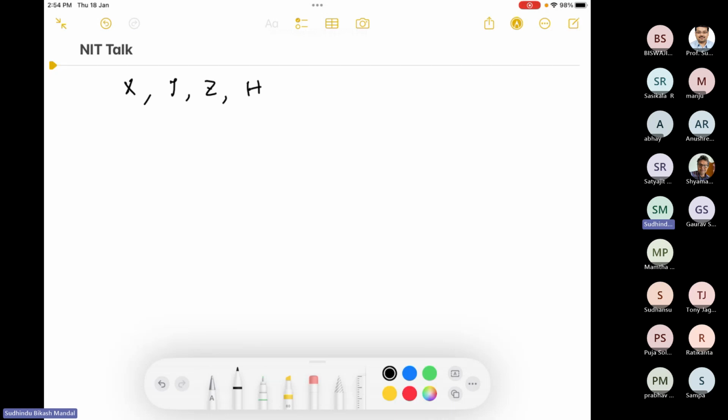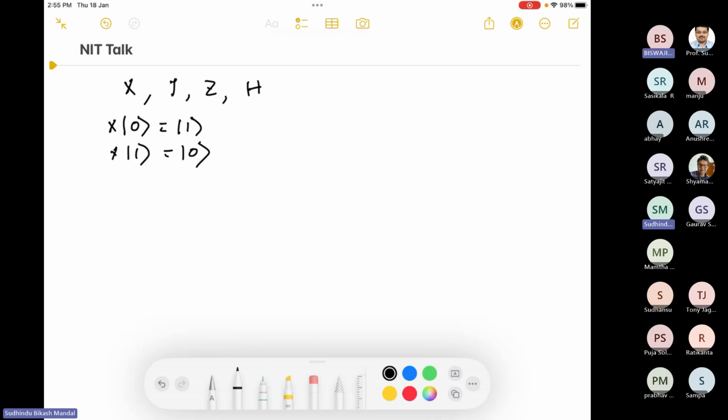What are these operators? If I apply the X operator over the state 0, it will generate 1. And if I apply it over state 1, it will generate the state 0.